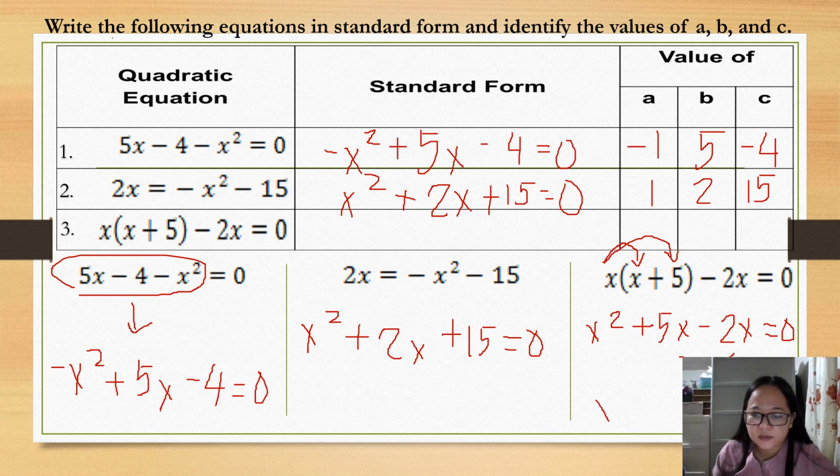Combine like terms. 5x and negative 2x will give us positive 3x. Okay, therefore, the quadratic equation in standard form is x squared plus 3x is equal to 0. What is the value of our a? A is equal to 1, b is equal to 3, and c is equal to 0 because there is no constant term.